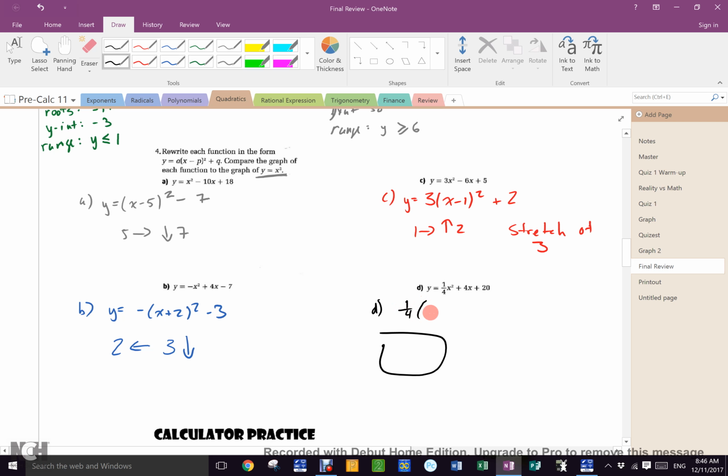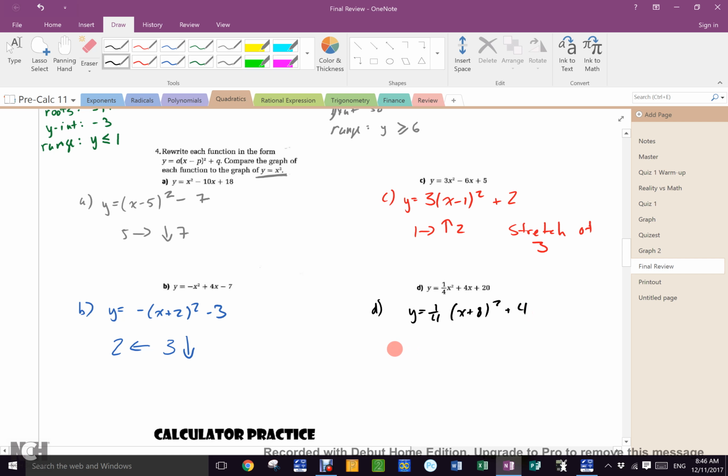You would take out the quarter and you would be left with x squared plus 16x. Then, of course, you would half that and square it to be plus 64, and you would work from there. But the answer is y equals 1/4 (x plus 8) squared plus 4.